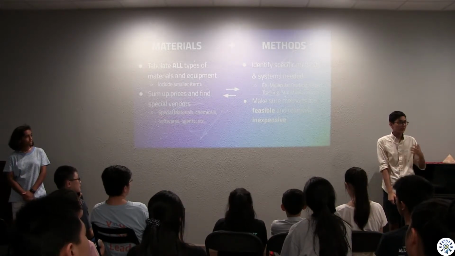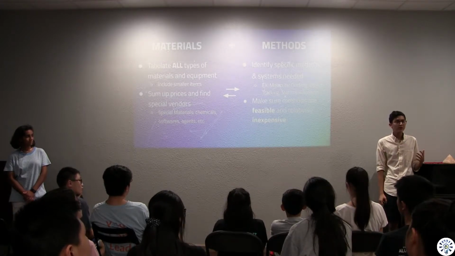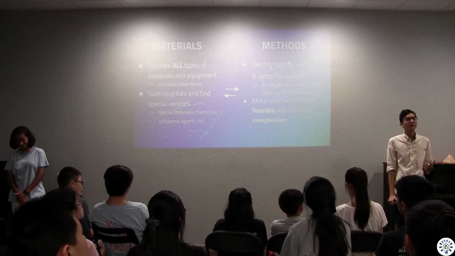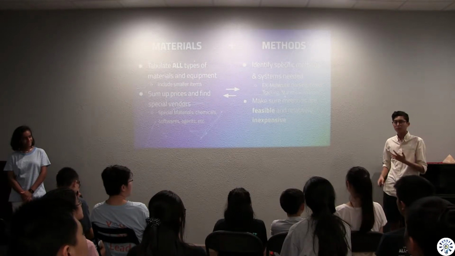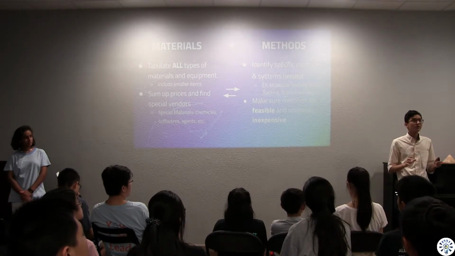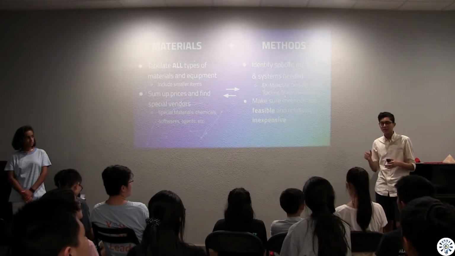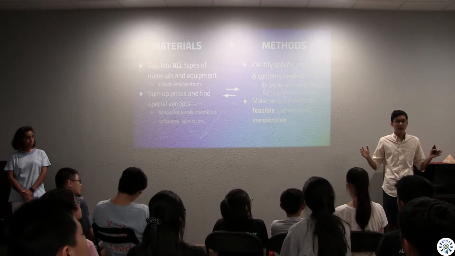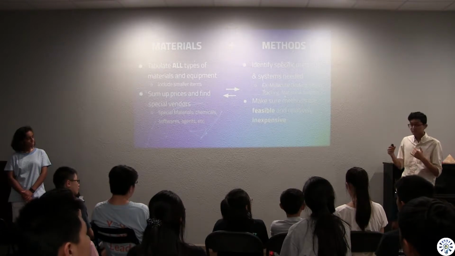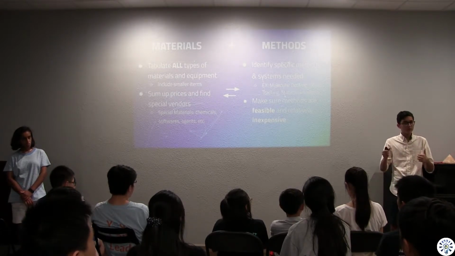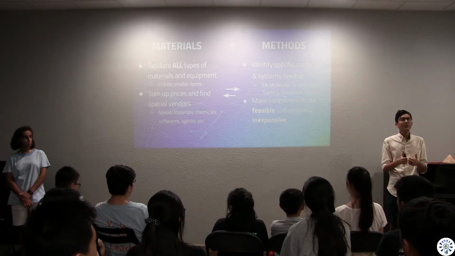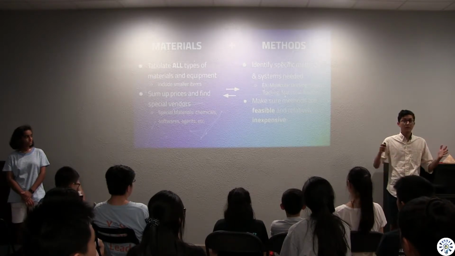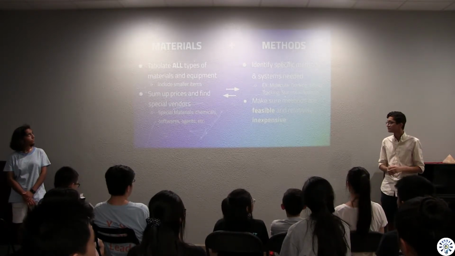If you're trying to create, like before, the nuclear generator, you need to make sure that's not the most insane thing to do. Some projects can seem simple at first, but when you dive into them, the methodology is so advanced that you only make this much progress in this much time. So you need to make sure that these methods are feasible, and going off the same tangent, inexpensive, in order to be done within the time frame that you have.